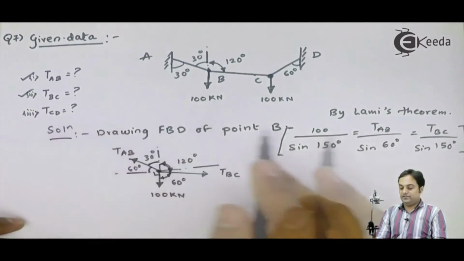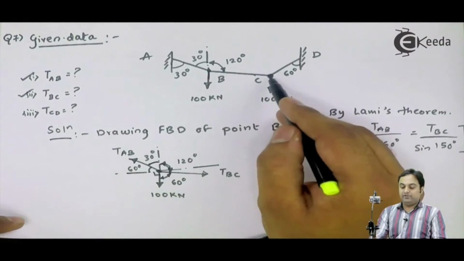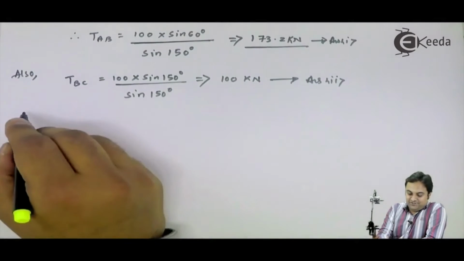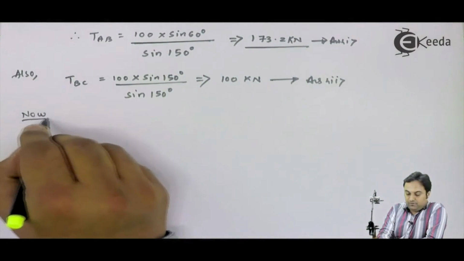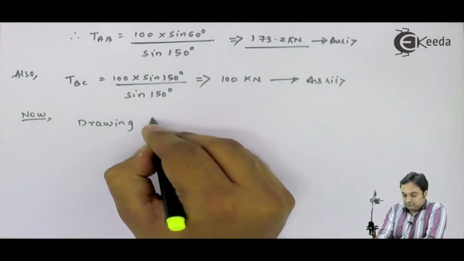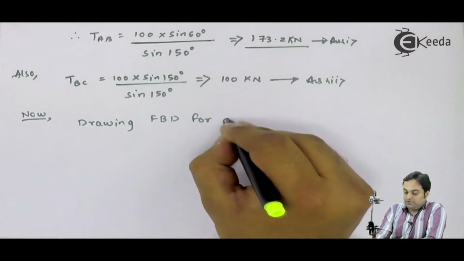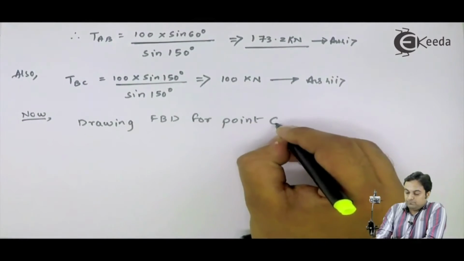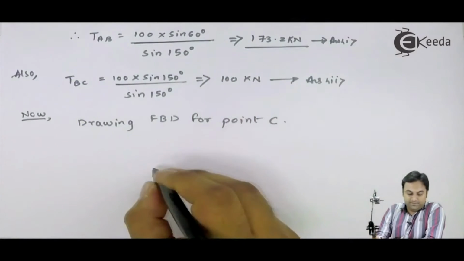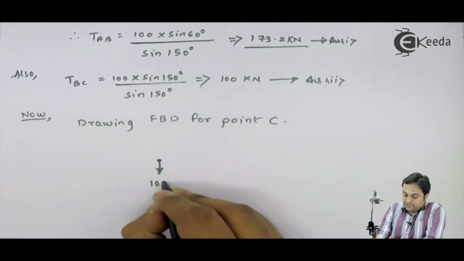Now TCD is left. So for TCD, tension in string CD, I will be drawing FBD for point number C. I hope you all are getting this. So now, drawing FBD for point C. At point C we have 100 kilonewton weight which is acting downward.